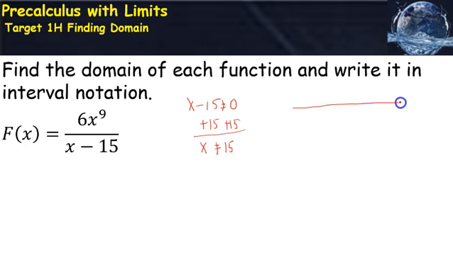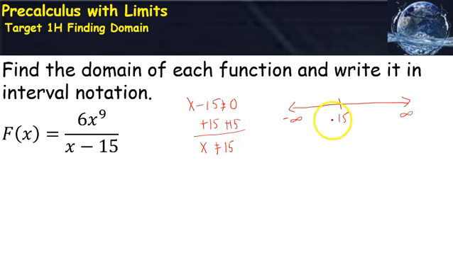So now I'm going to draw that on the number line. And here's 15. And this side of the number line is negative infinity, and this side is positive infinity. So I have to say all the real numbers in the world will work except for 15.